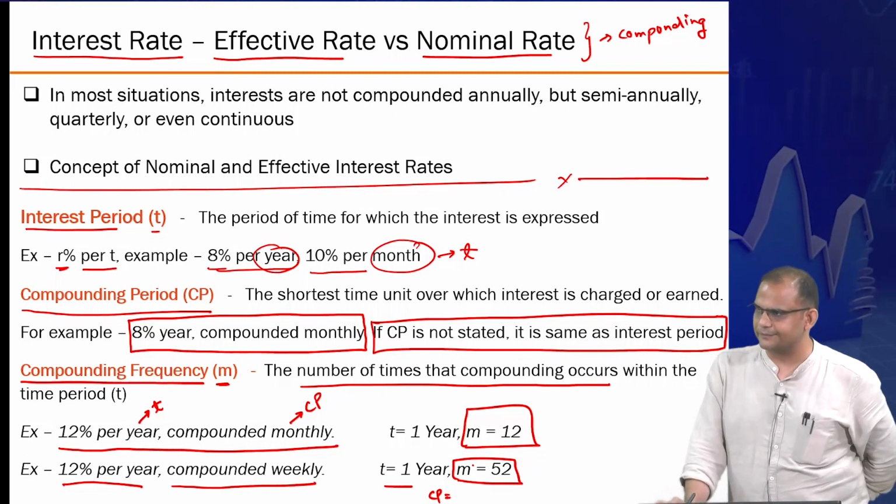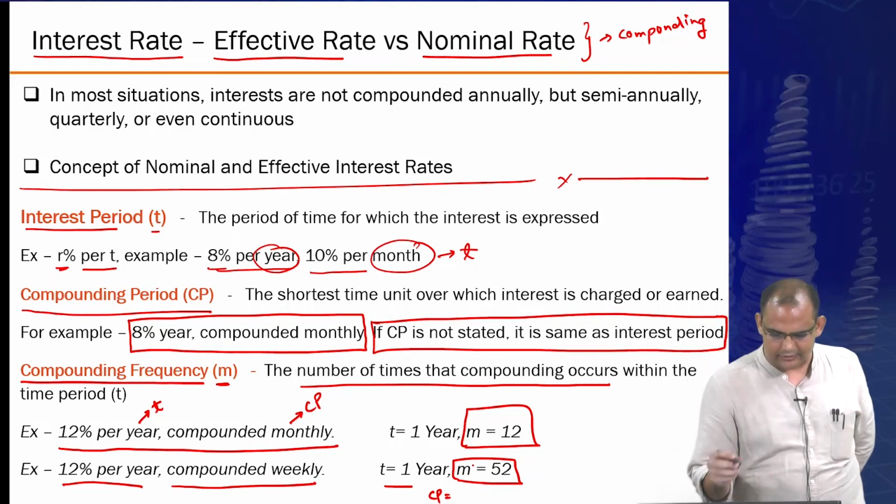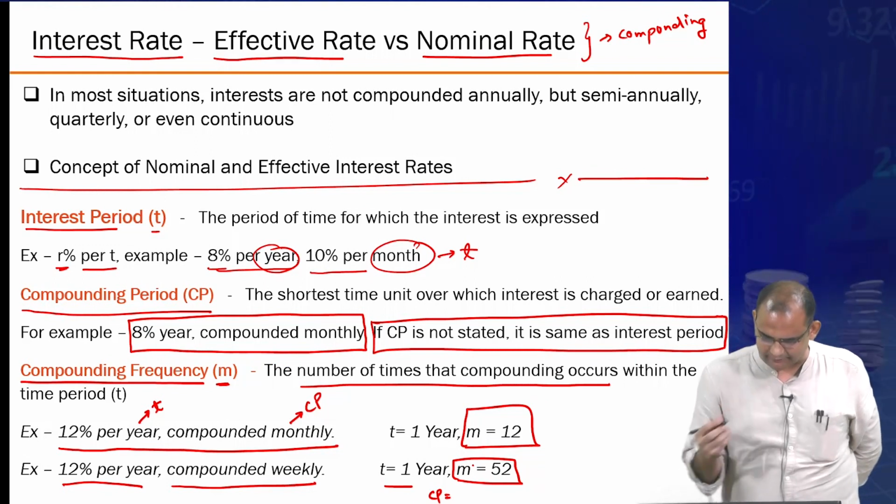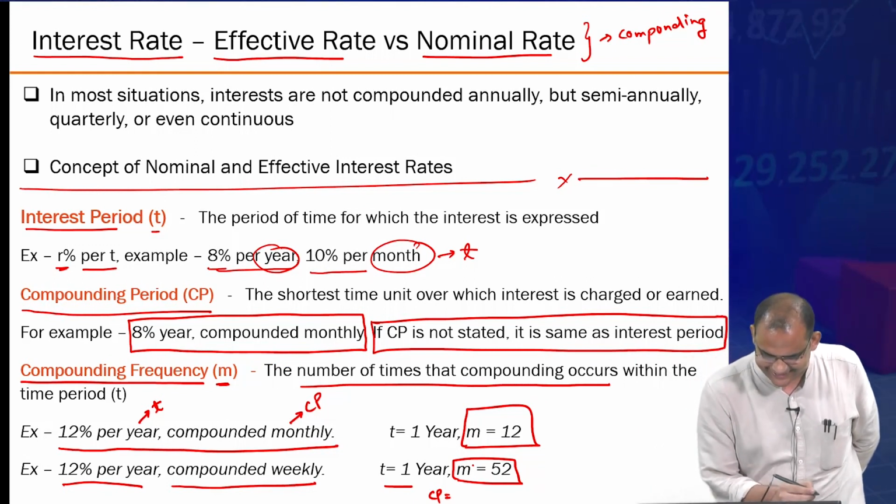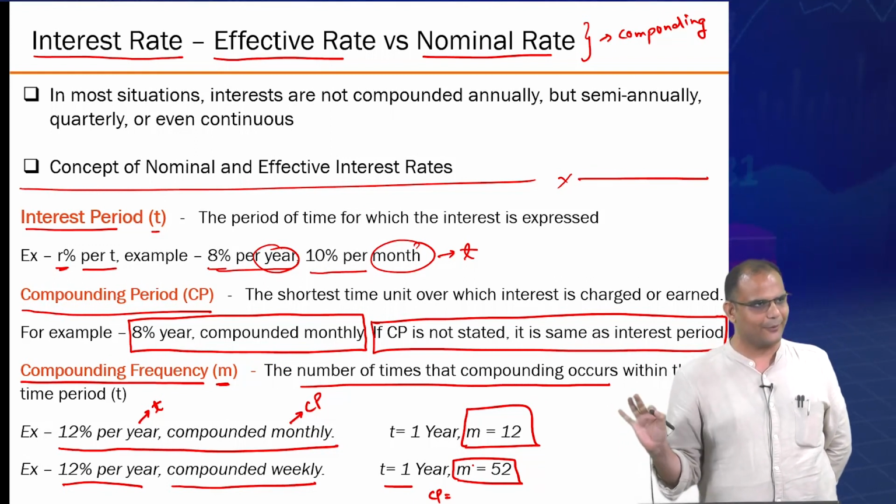With me so far? T, CP, compounding frequency. I have given more red than there was originally on this slide, but I hope you are able to follow.